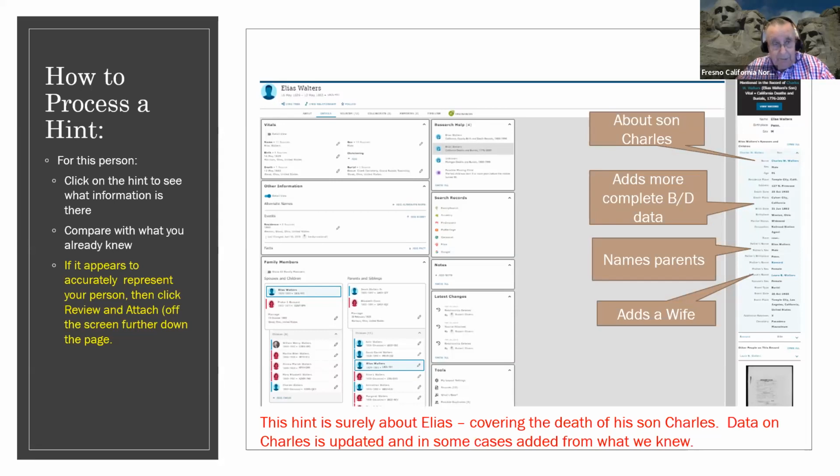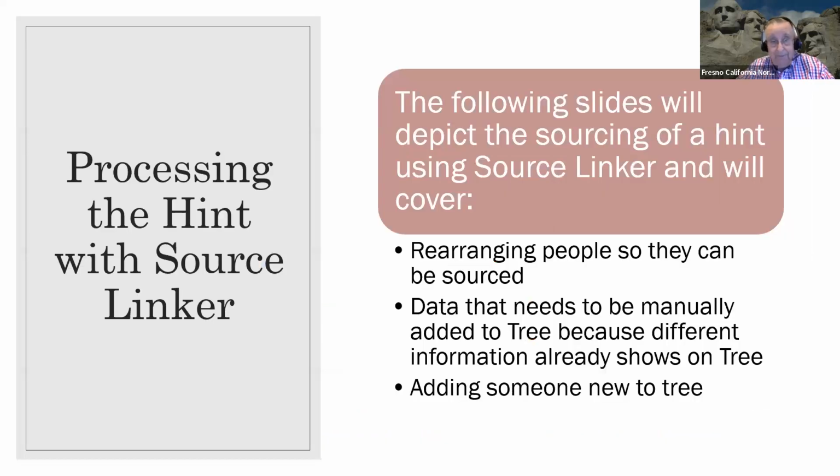And so this appears to be accurate and represent our person because he has a child named Charles. So we're going to click Review and Attach down at the bottom off the screen and actually attach the source. And to do that, we have to use our little tool called Source Linker. And that sometimes is a tricky little device to use.